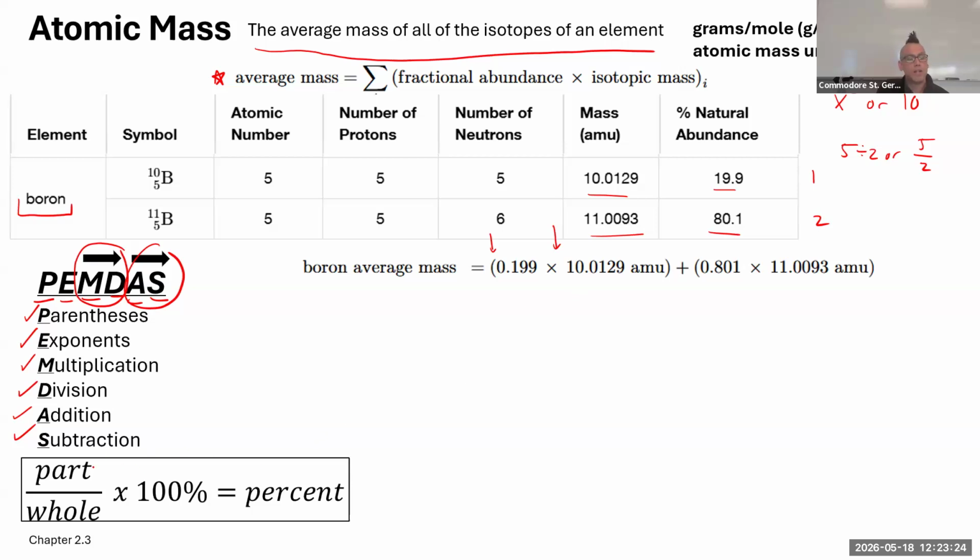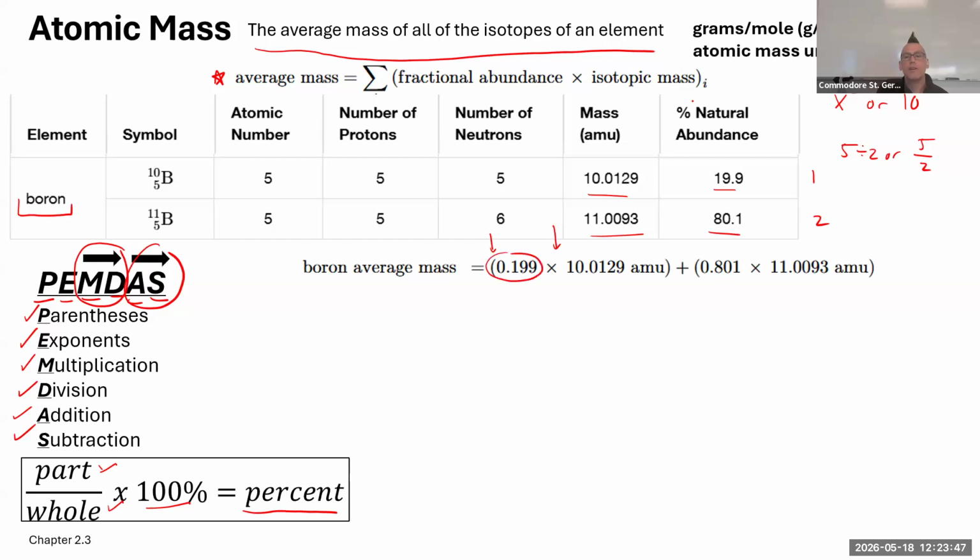Something else we're going to deal with a lot is the percent equation. It's the part of something divided by the whole thing times 100% equals the percent. So we are going to use that right now. So let's figure this out. It's the fractional abundance.